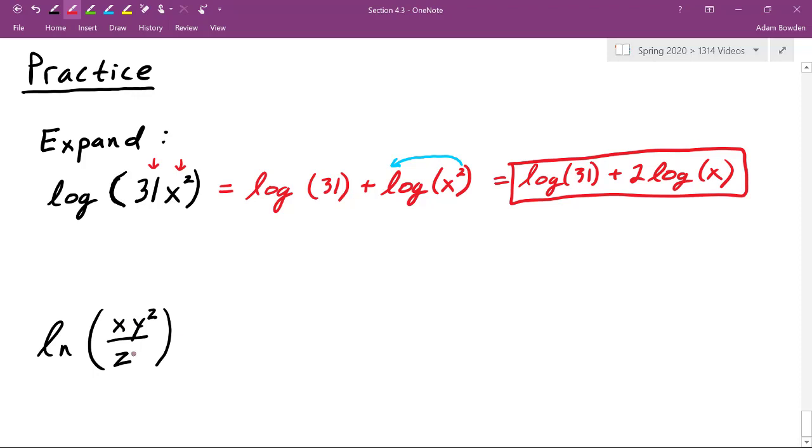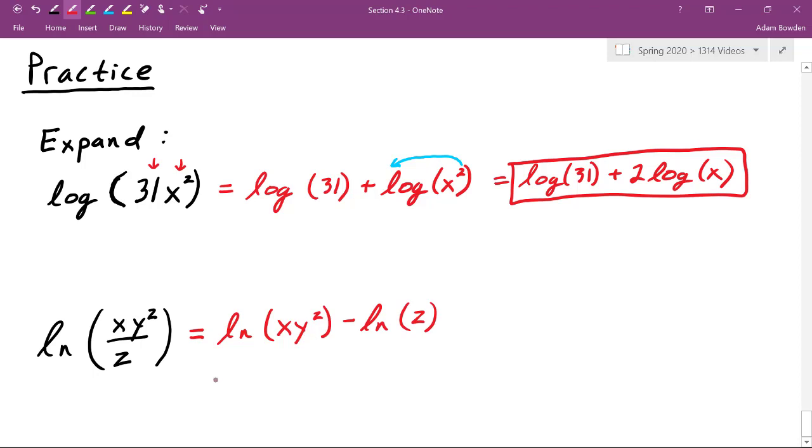This one over here has division. So that's going to involve the quotient rule. We take the natural log of what's on top, and then since it's division, it'll turn into subtraction with ln of z from the bottom.